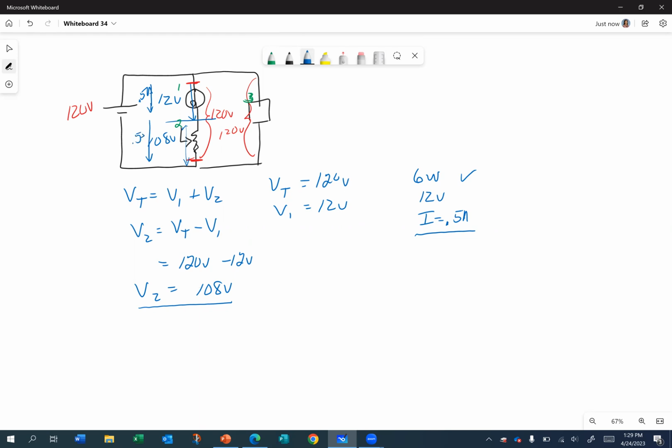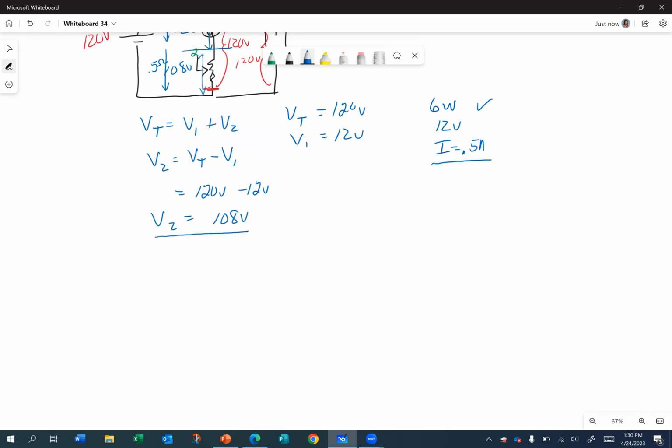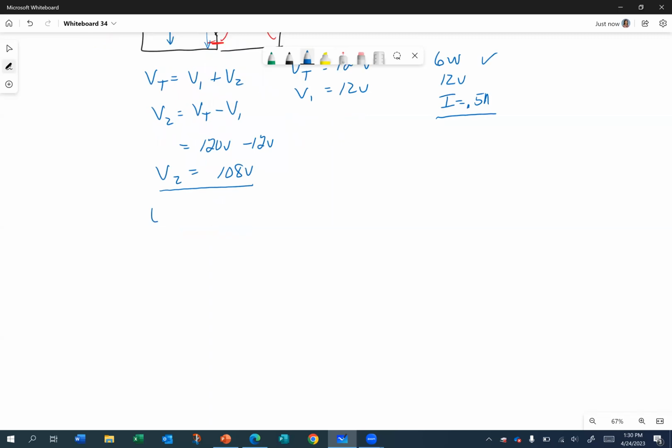I'm sorry, the current I2 to be the current that's passing through. So we want I2 to also be 0.5 amps.